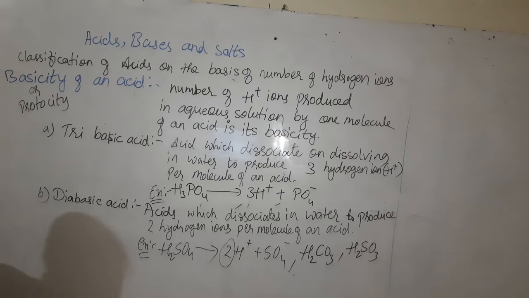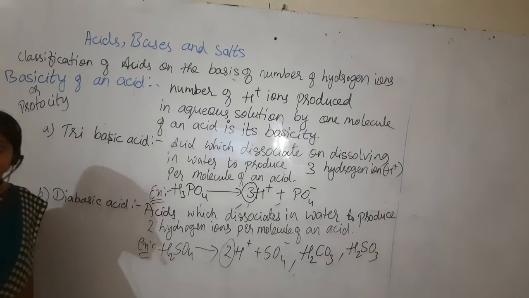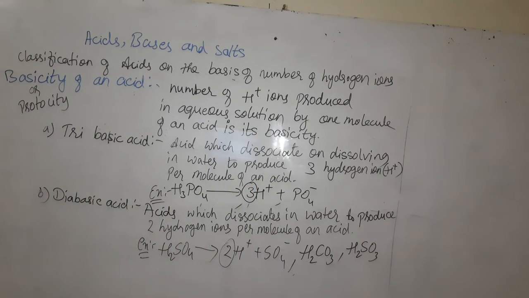Here we can write the number of hydrogen ions. How many hydrogen ions are there? 3 hydrogen ions are there. So the acids are again classified on the basis of dissociation of hydrogen ions.